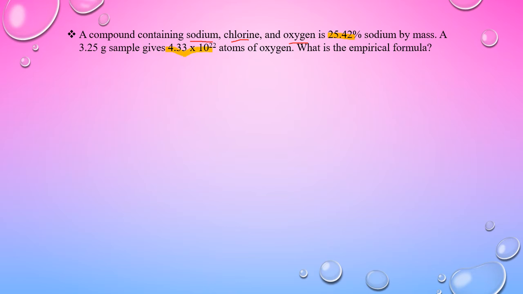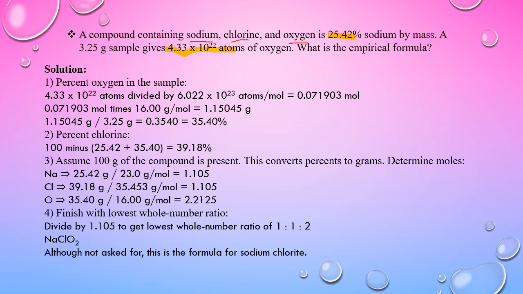Then a 3.25 gram sample gives this many atoms. We don't have the percentage of oxygen directly, but it is given in terms of atoms. So what is the empirical formula? Okay, so what we are going to do is calculate the percentage of oxygen in the sample, from how many atoms it is given, this many atoms.